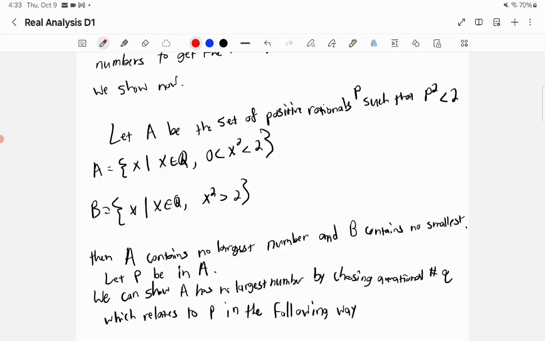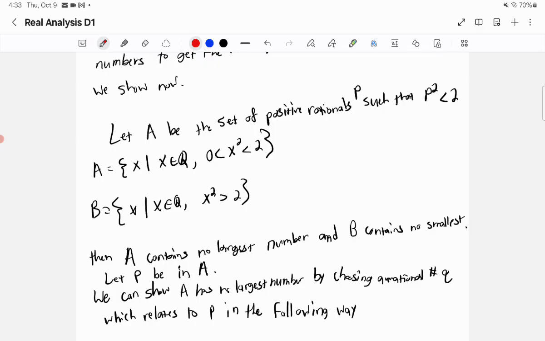Okay, so let's choose A to be the set of all rational numbers x such that x is bigger than 0 but x squared is less than 2, right? And this should be reminding you of the square root of 2. If I took the square root of all sides of this, then I would see that x is going to be less than the square root of 2.